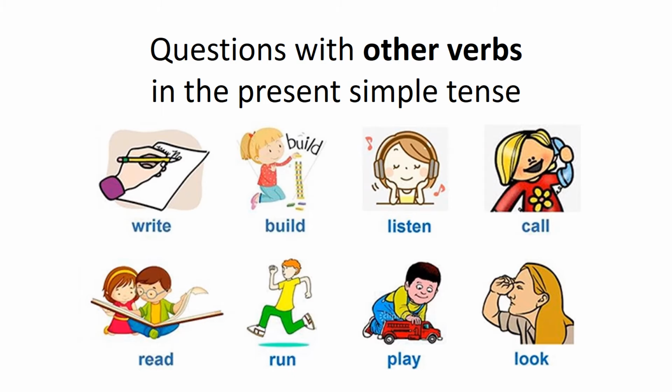Okay, in affirmative in English, it's easy. You just use the verb the way it is. It's called infinitive form for I, you, we, and they. So for the first and second person in the singular, and in the plural for first, second, and third person.